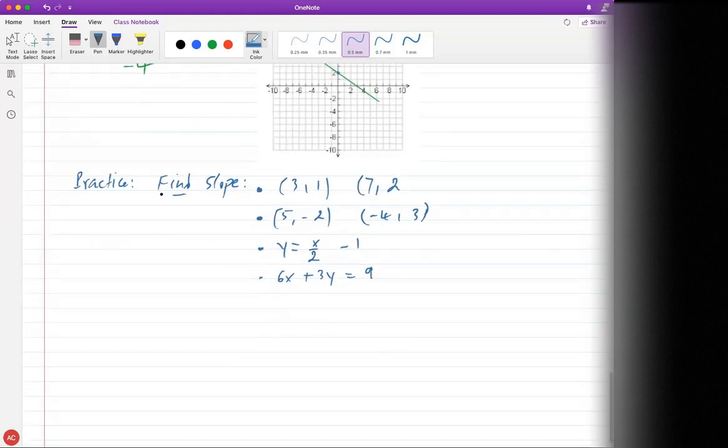So find the slope. Next one is to graph.